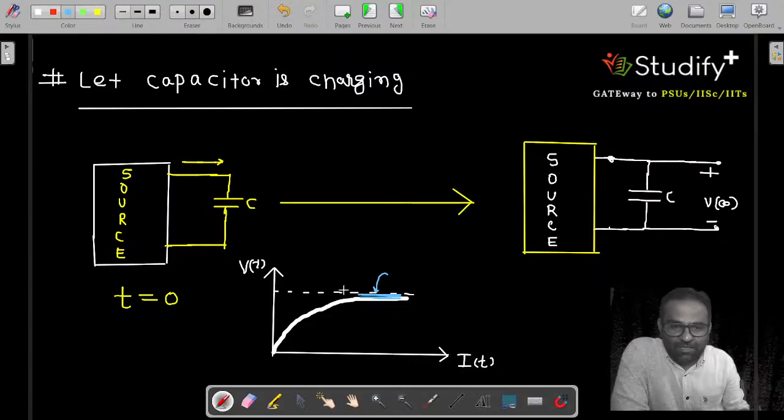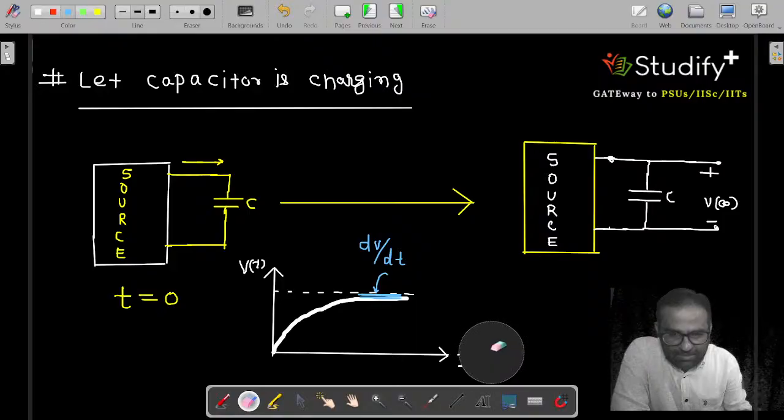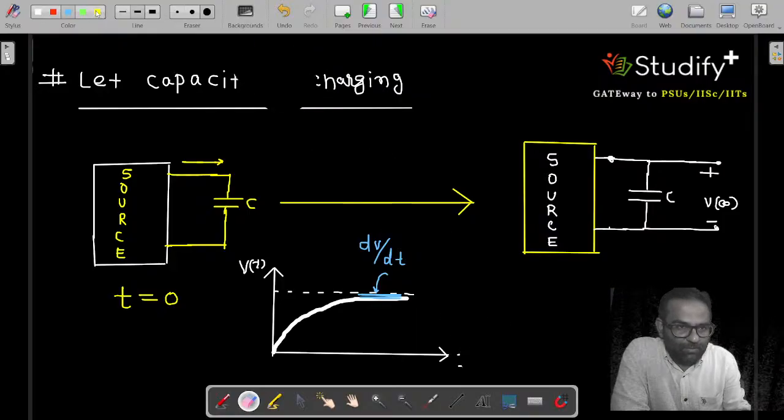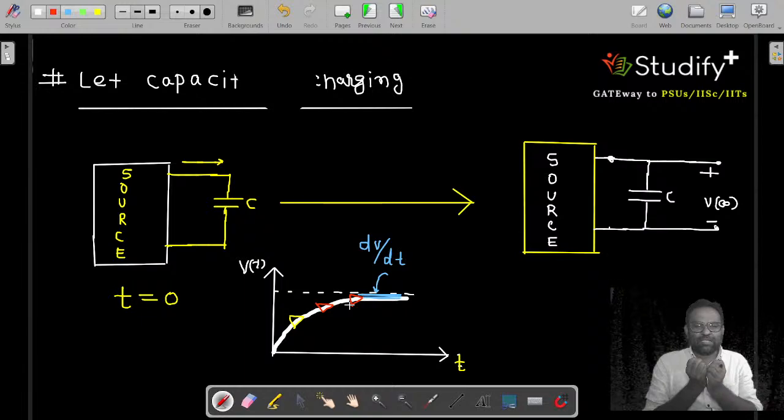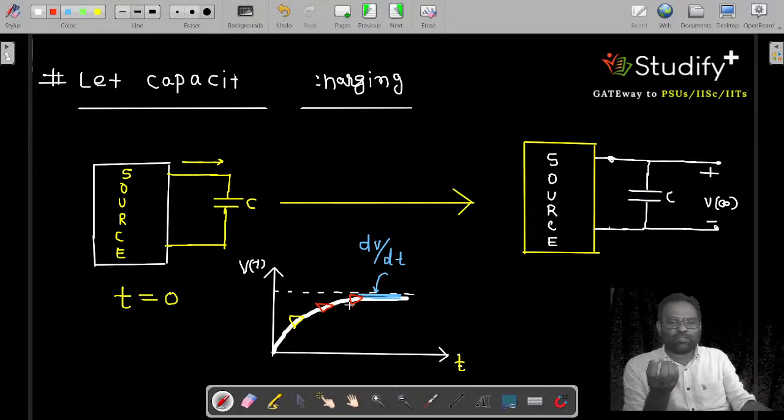Which tangent? This tangent, dV by dt. This axis is not I, this is t, because with respect to time the voltage is increasing inside the capacitor, meaning the capacitor will accumulate the charge carrier, and accumulation of the charge carrier is known as voltage.